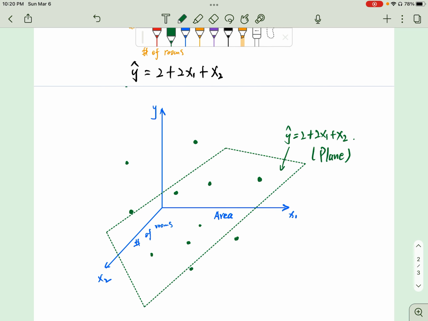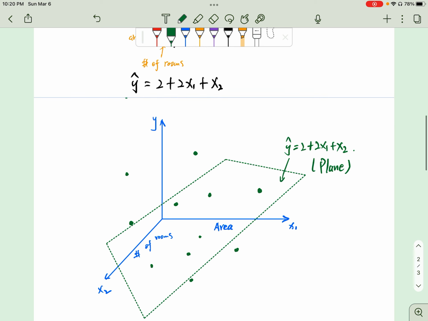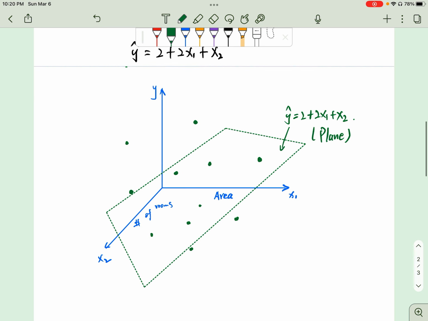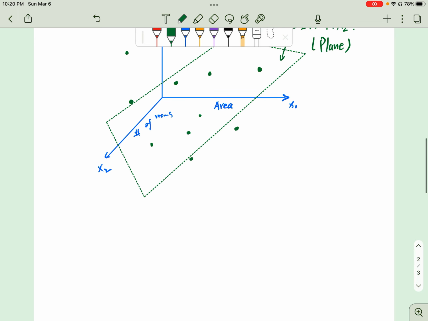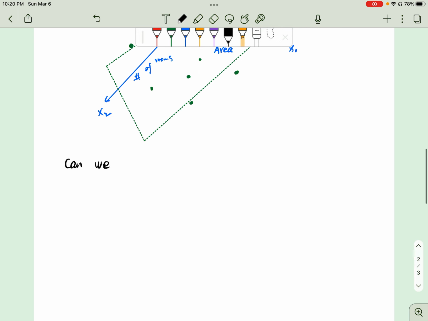So the next thing you may ask is, what if I have 3 features? What if I have 4 features? What if I have 100 features? What will my prediction look like? How can we visualize that? Okay, let me write this. So the question you will ask is, can we have features more than 2?